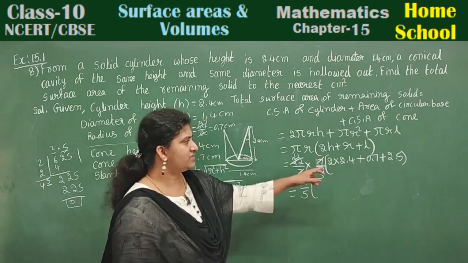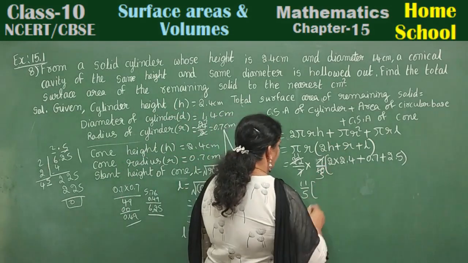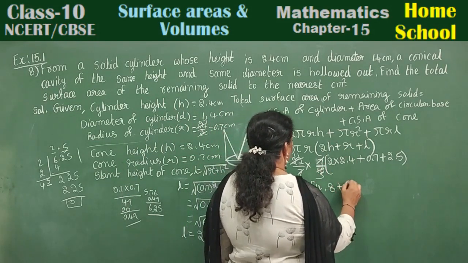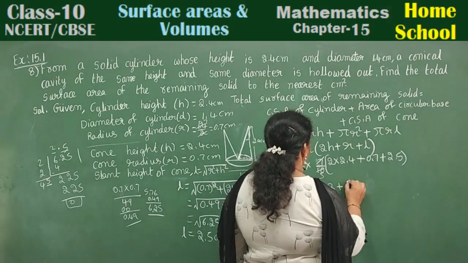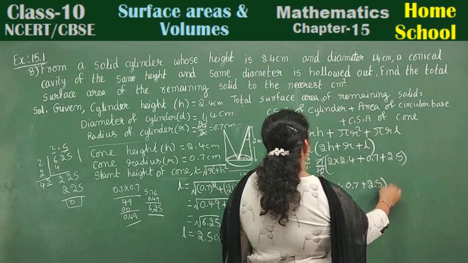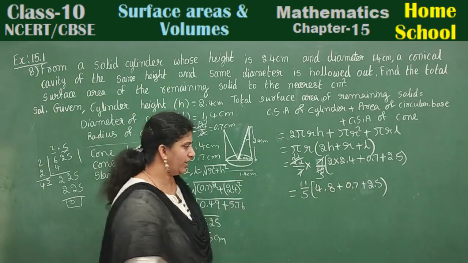And this one, if you want, you can multiply. 2 into 2.4 will be 4.8, plus 0.7, plus 2.5. Add all this directly. If you want to convert from decimal, you can convert, or if you want to add like this only, you can add.